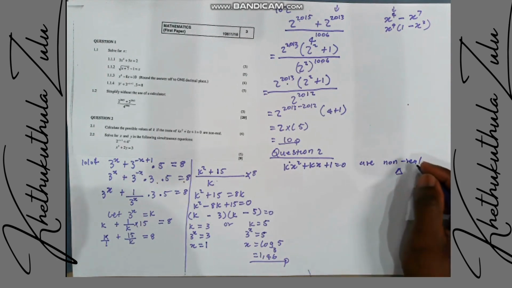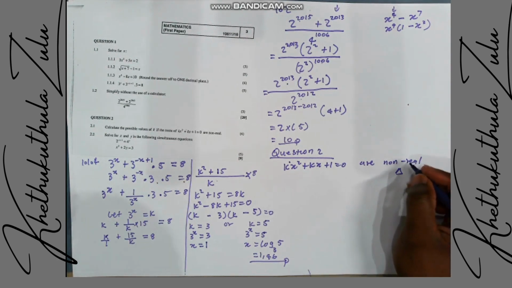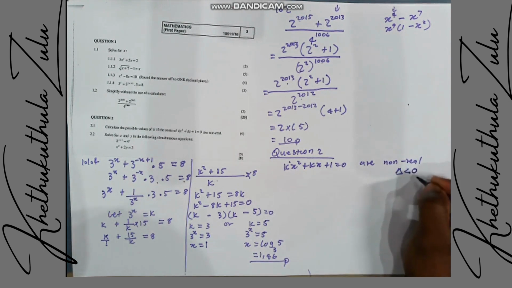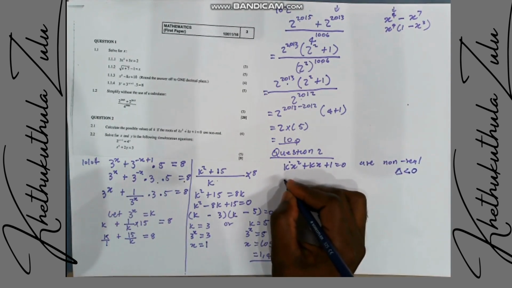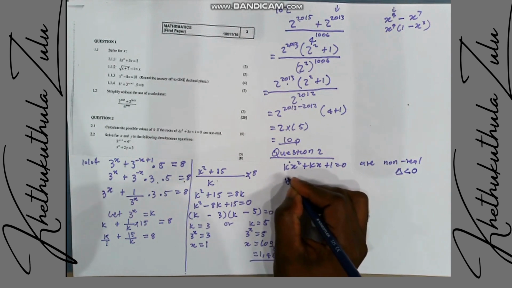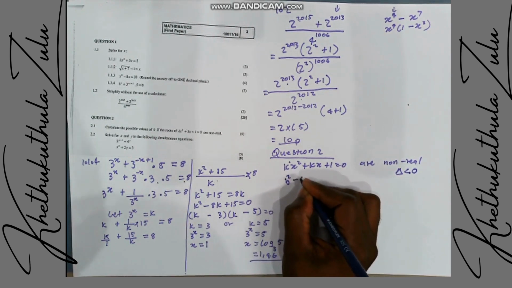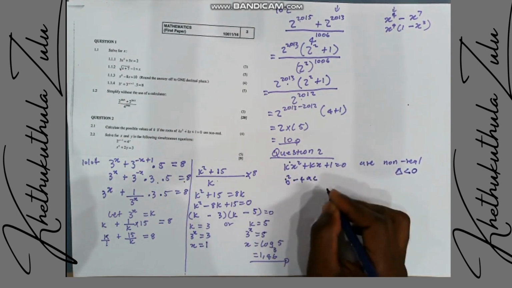So our determinant when it's non-real is what? It's less than 0. It's very, very important to know this thing. So now, what is our determinant saying? Determinant is b squared minus 4ac.